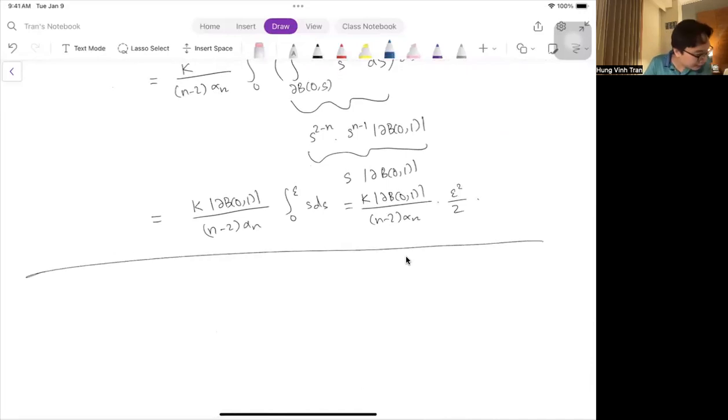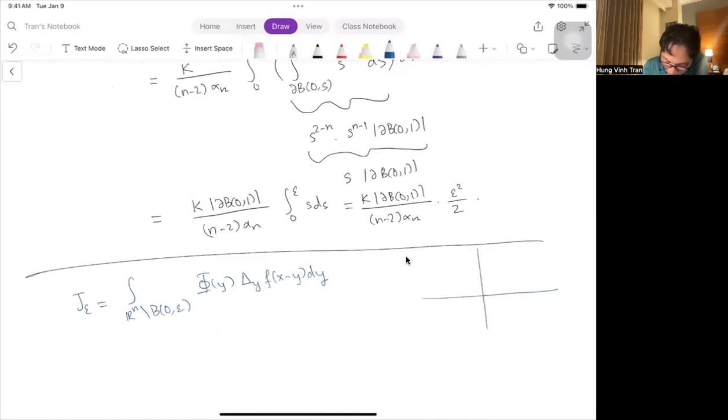J epsilon is the integral over Rn, taking away the small ball, of phi(y) times the Laplacian in y of f(x minus y) dy. Again, we are taking the whole domain and deleting out just a small ball.